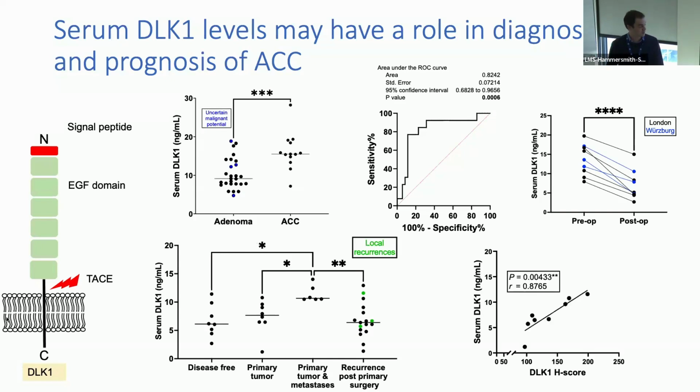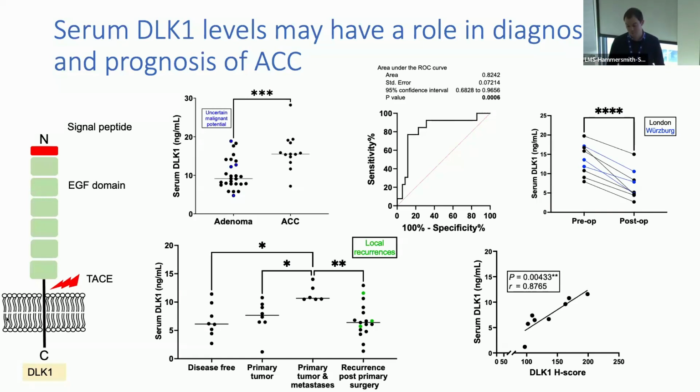And this is just showing that in the same patients where we have serum and primary tumor, there's a nice positive correlation between the tissue expression as assessed by H-score and the serum DLK1 levels, which, given that we knew there is a prognostic implication of the tissue DLK1 levels, suggested that the serum DLK1 levels might indeed have a prognostic implication. So that is the basis for doing a new prospective investigation into DLK1.